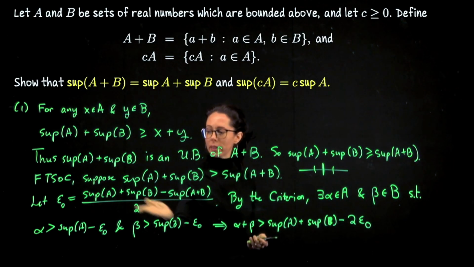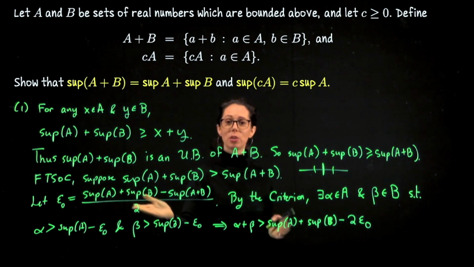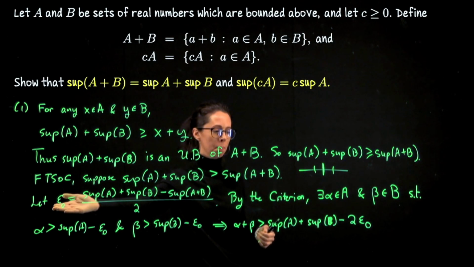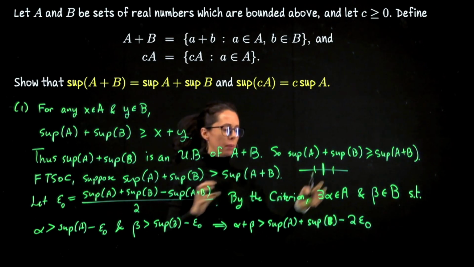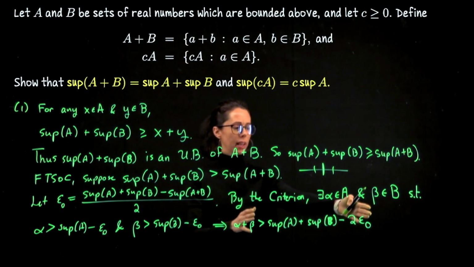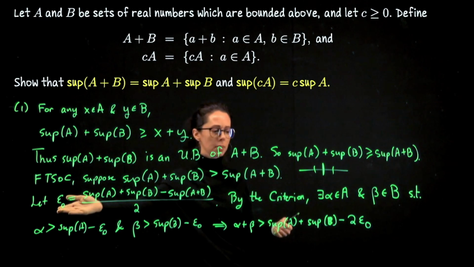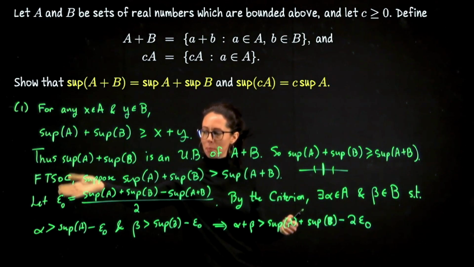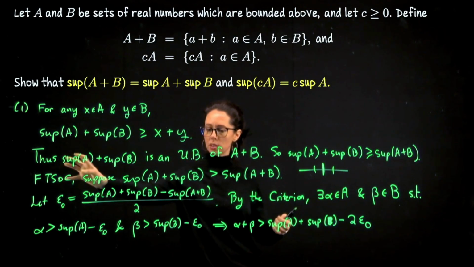If you bring this 2 over, actually the division by 2 here was necessary. You can think about that, but if I bring this 2 over, we get the 2 epsilon. Normally I'd probably write out a little bit more, but I'm going to do this out loud because I'm out of room. Bring the 2 epsilon over, and then subtract that over. I get sup of A plus sup of B minus twice the epsilon equals sup of A plus B.